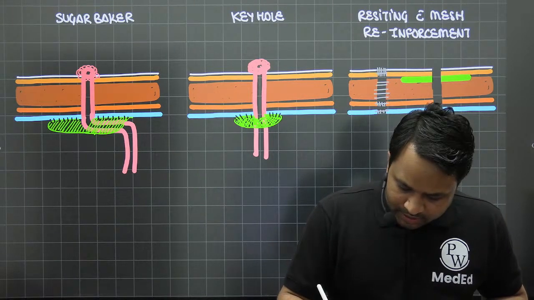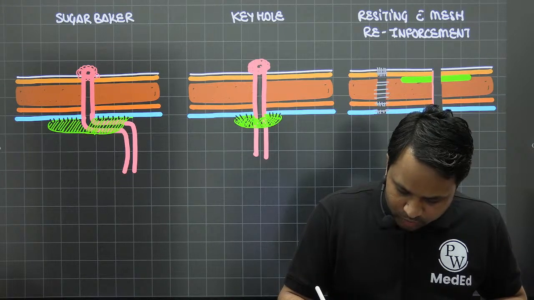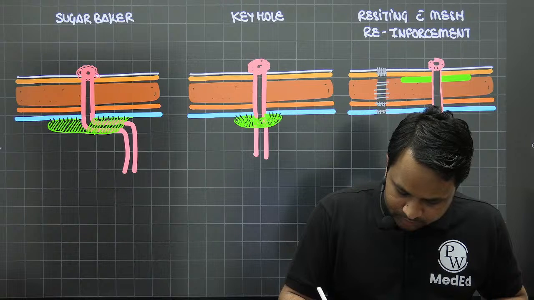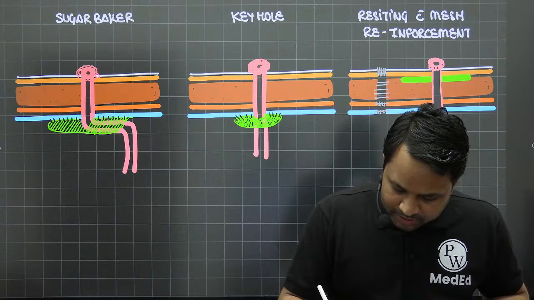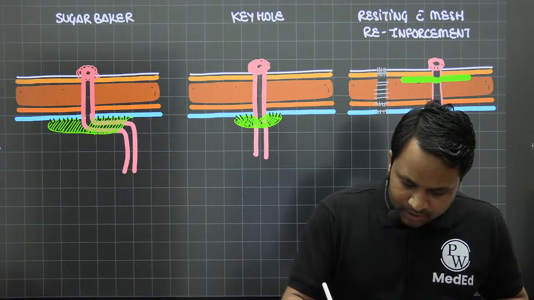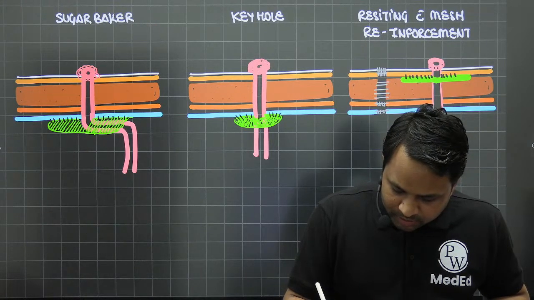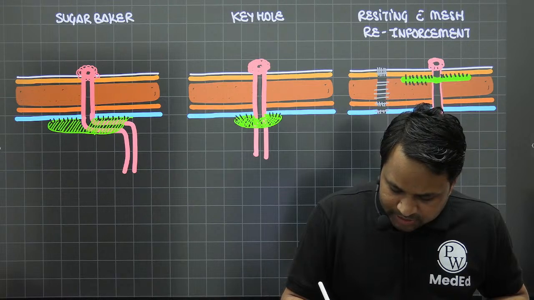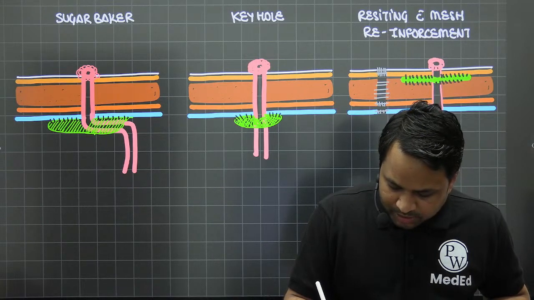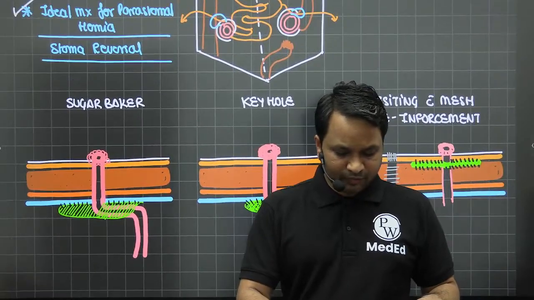So now you see the bowel wall is going to go through this. This is the stomal site which is present here. Now it has gone through this mesh. So there's already a reinforcement created around this area, so that through this defect nothing can pass through. This is called resiting with mesh reinforcement.